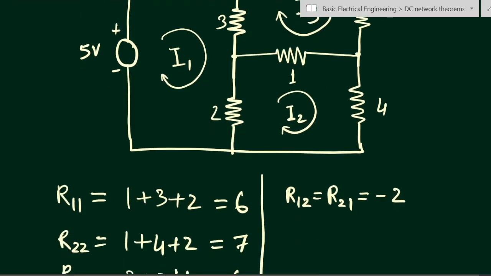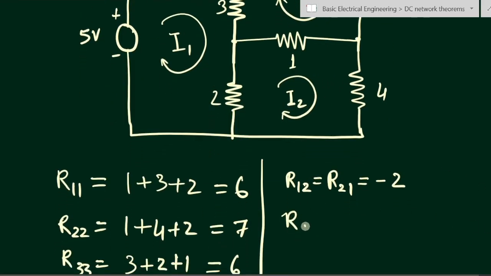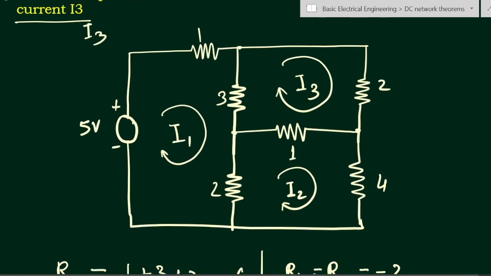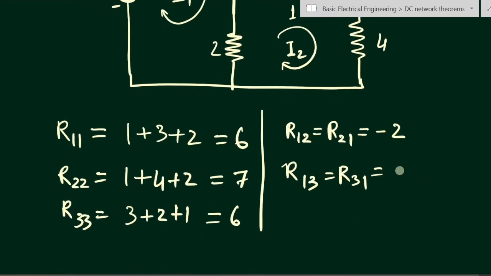Now let us see R13 is equal to R31. Now we have to see loop 1 and loop 3. This is the mutual resistance, only one resistance, that is the 3 ohm resistance, and we will have a negative sign in front of it. So this value will be minus 3 ohm.